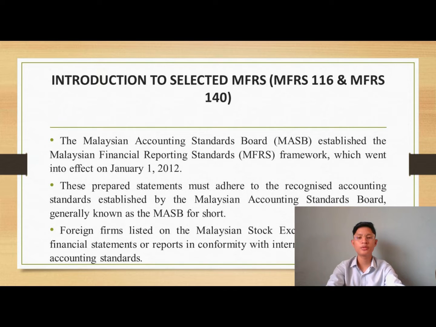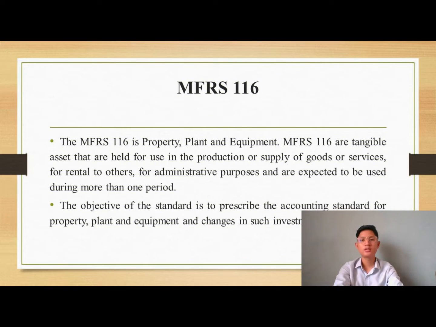So, a foreign firm listed on the Malaysian Stock Exchange may prepare financial statements or reports in conformity with internationally recognized accounting standards. So, what is actually MFRS 116? MFRS 116 is property, plant and equipment.